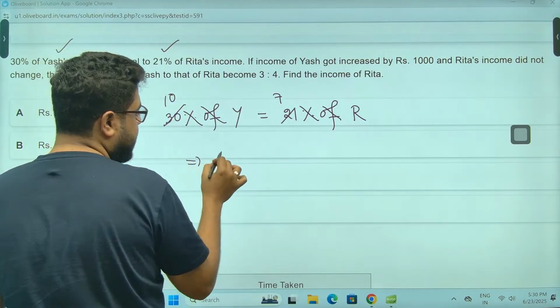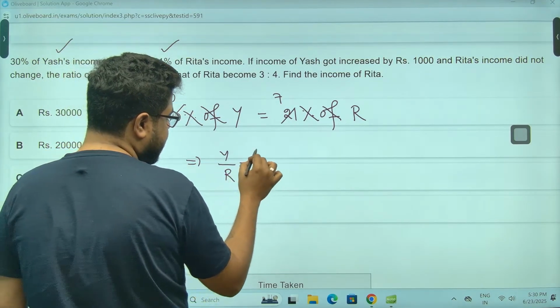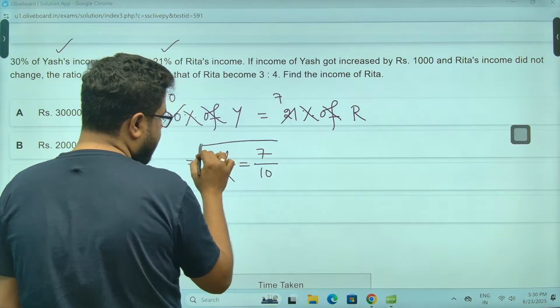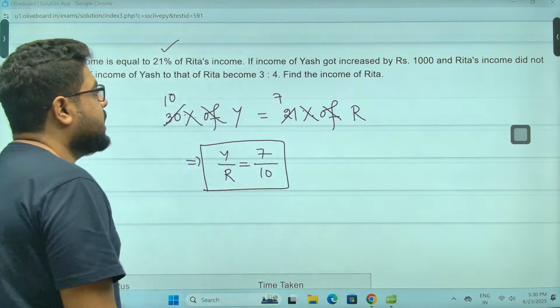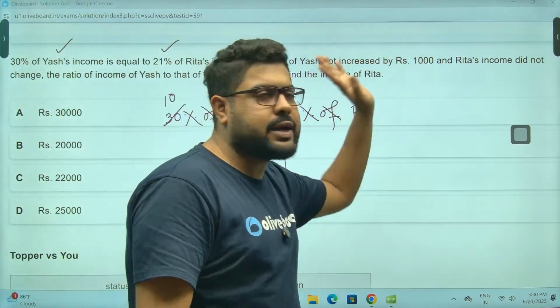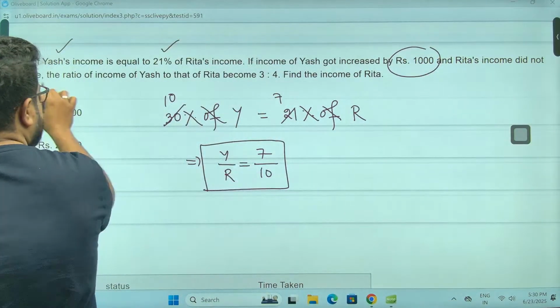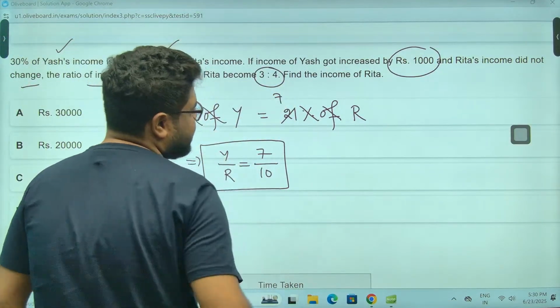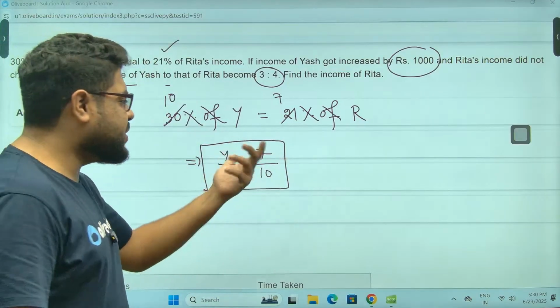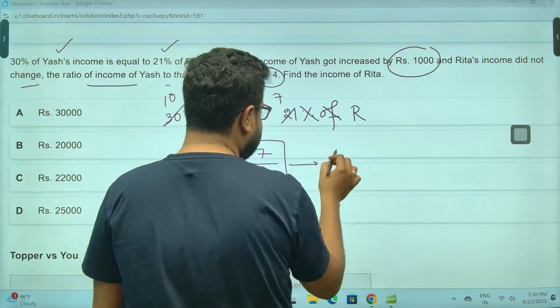So Yash by R is 7 by 10, the ratio. Now the income of Yash increased by 1,000 rupees. Rita's income did not change. The ratio becomes 3:4. You can either use ratio manipulation or the normal method. Everybody is comfortable with the normal one.